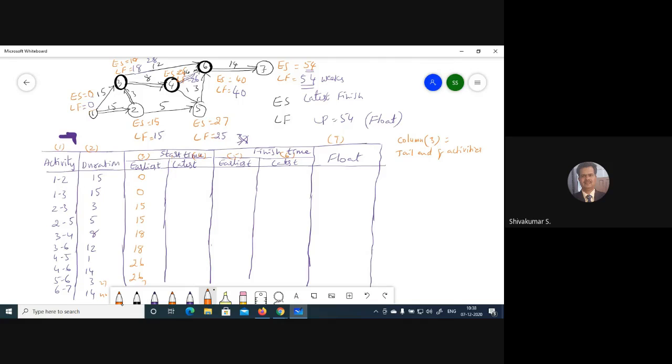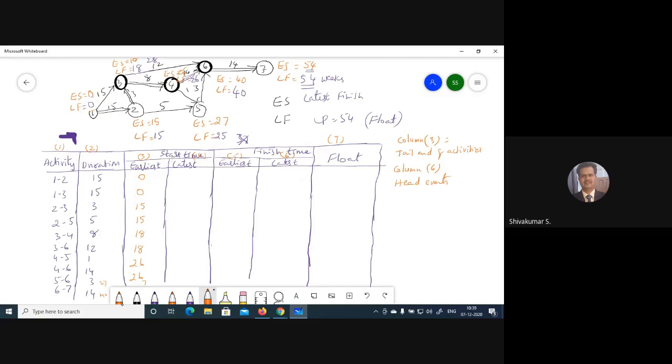Next, column 6. You go directly to column 6 now. Here you have to write the head events, the head events of the activities. For example, 1 to 2, which is the head event, this one. You are writing the LF value.